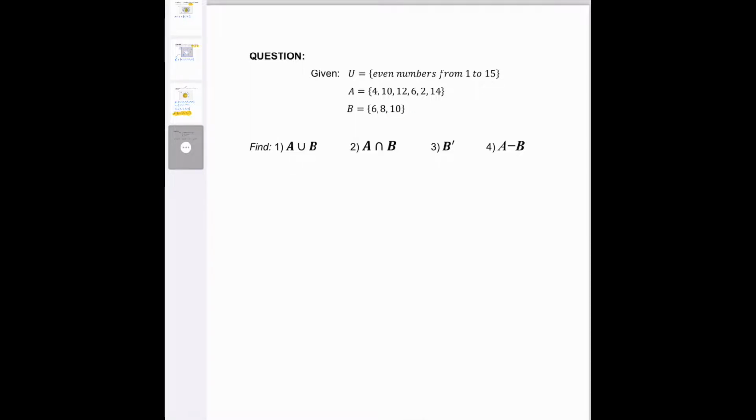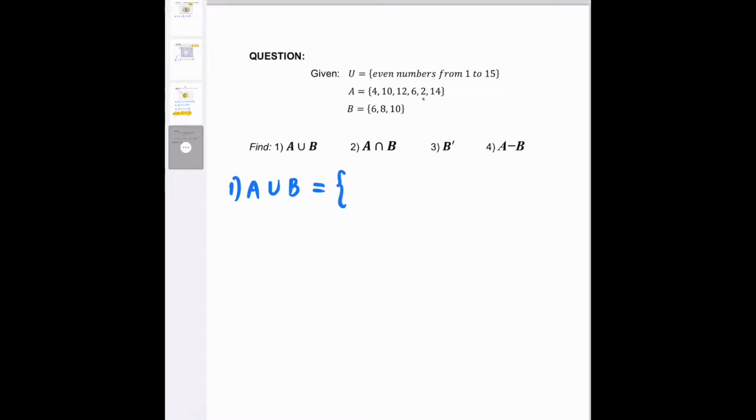Number 1, A union B. Look at both sets, set A and set B, and just simply get everything. But when you write the set, make sure that you don't repeat the elements.